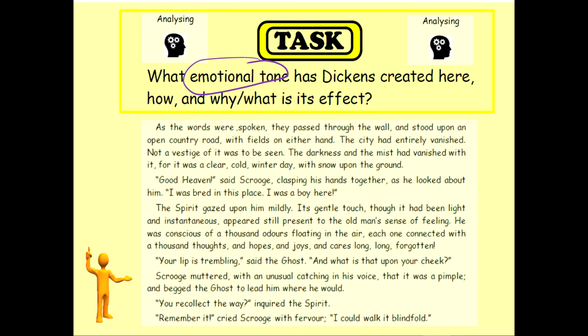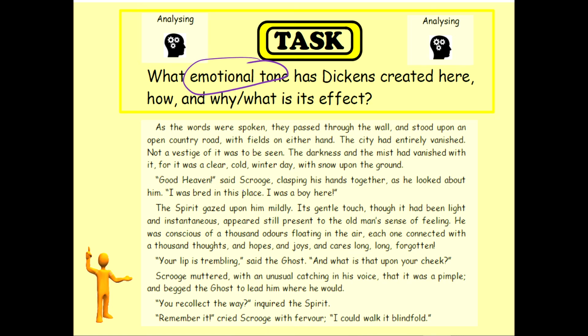As the words were spoken, they passed through the wall and stood upon an open country road with fields on either hand. The city had entirely vanished. Not a vestige of it was to be seen. The darkness and the mist had vanished with it, for it was a clear, cold, wintry day with snow upon the ground. Good heavens, said Scrooge, clasping his hands together as he looked about him.